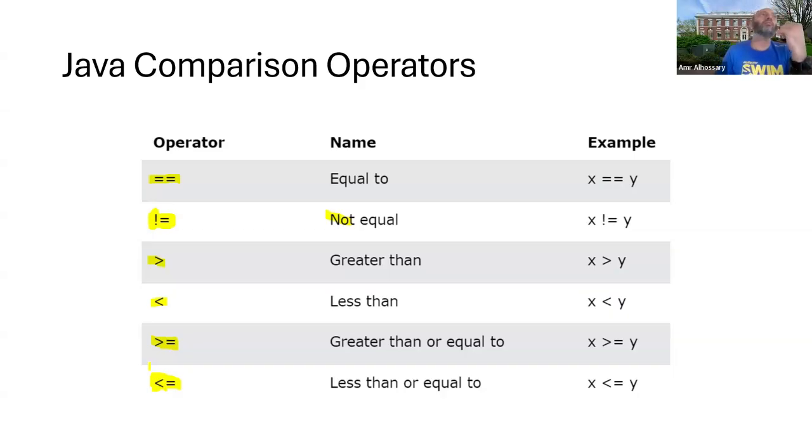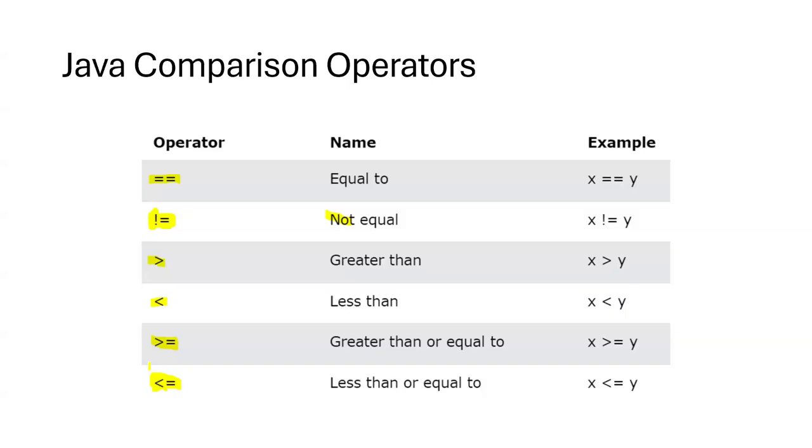So if I say 5 equals 7, is this expression true or false? False. If I write 3 not equals 7, is this true or false?